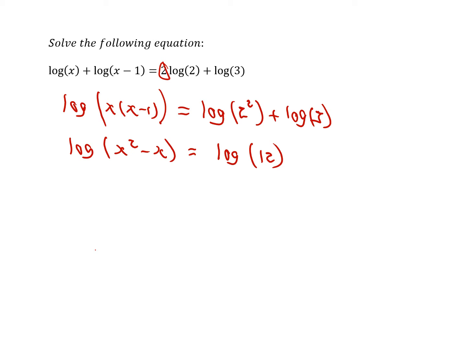If I've got the left-hand side, which is log of something, equals the right-hand side, the log of something else, then the two arguments must be the same.